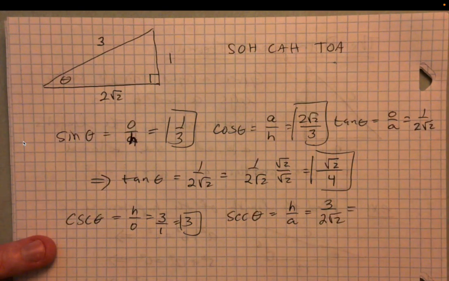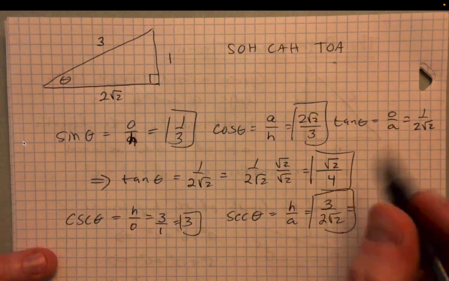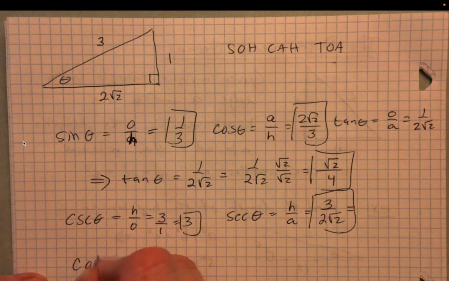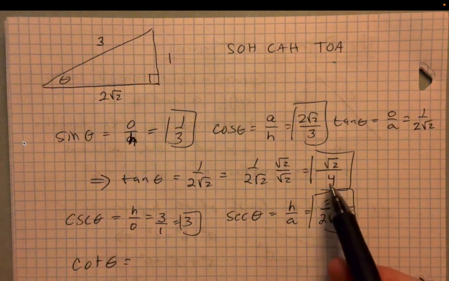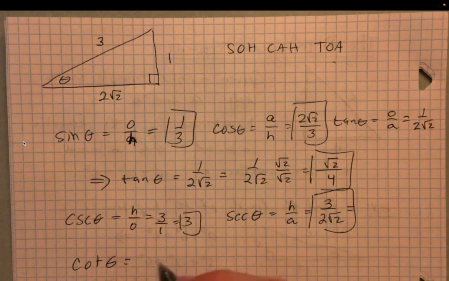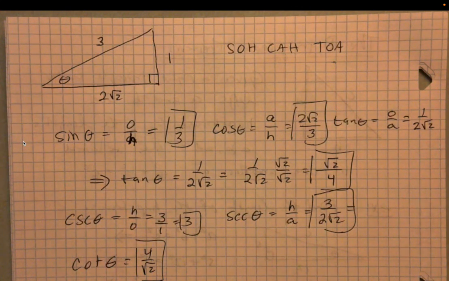Okay. And we'll just leave it like that for now, but you could rationalize that as well. And then the cotangent of theta is 4 over square root of 2, which we'll leave like this as well. But you can take it as an exercise to reduce those or to rationalize them. Okay, right, so there we go.